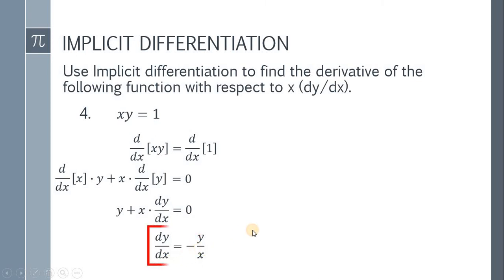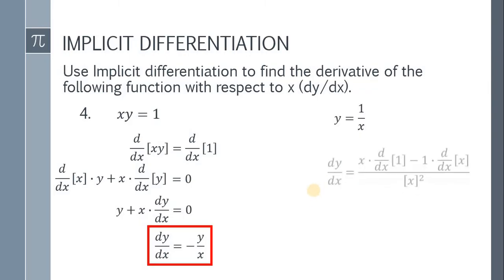And we're done. Now, to double check our answer, bakit hindi natin kunin yung derivative ng ating function nang nasa explicit form siya? So, yung ating explicit form ng x times y is equal to 1 is simply y is equal to 1 over x. Since ito ay quotient, gagamit tayo ng quotient rule. Now, ang tanong, natatandaan pa ba natin yung quotient rule? So, we have low d high minus high d low, square the bottom, and there you go.